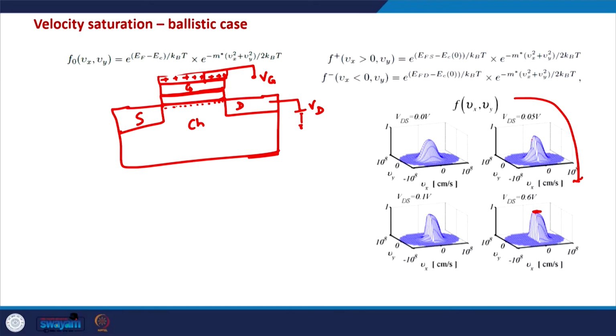Now since with an increased VDS the net velocity is increasing, but the charge is reducing, in order to compensate for this reduced charge in the channel, because this charge depends only on the gate charge, there should be a mechanism from where some extra charge should come.